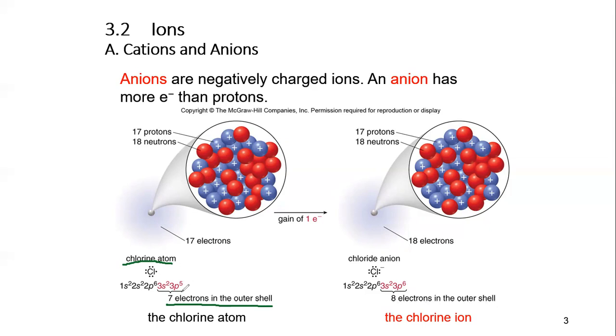And so the way that chlorine can obtain 8 valence electrons is by acquiring another electron. So in the atom, we have the same number of protons and electrons, but when we add an electron to form the chloride anion, now the number of electrons is greater than the number of protons. And now chloride has 8 valence electrons, just like the noble gas that it's next to.